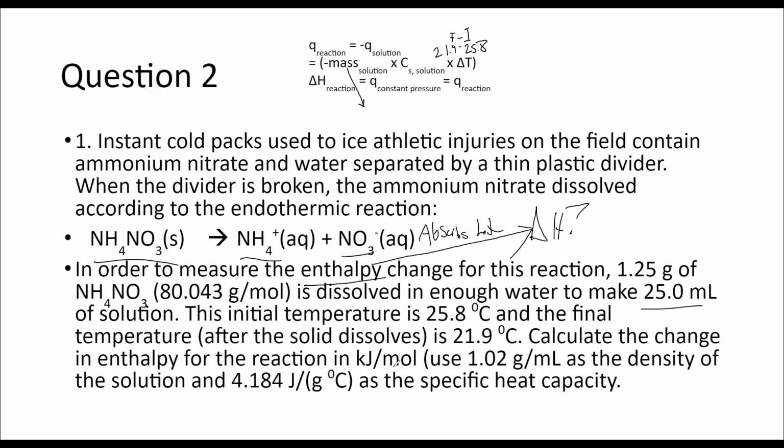So I want kilojoules per mole. I already gave you a weight of ammonium nitrate, so we're going to do the same thing we did for the bomb and convert that to moles to begin with. I have 1.25 grams, and 80.043 grams is 1 mole.